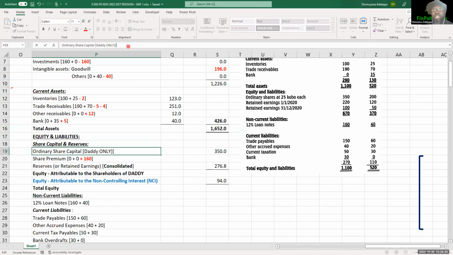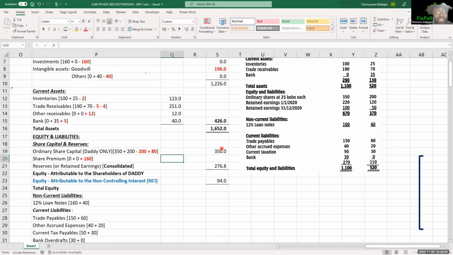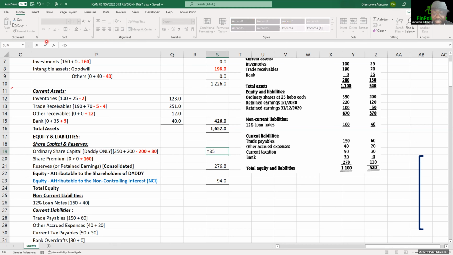Initially, the parent was 350. Subsidiary was 200. We eliminated the subsidiary 200 and we added another 80 to the parents because of the acquisition. Therefore, what is the total value there? That will be 350 plus 200. Later, the 200 was eliminated and we add 80 in additional shares, that's 430.